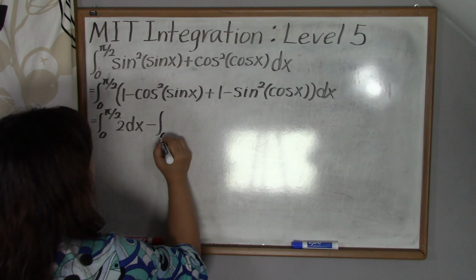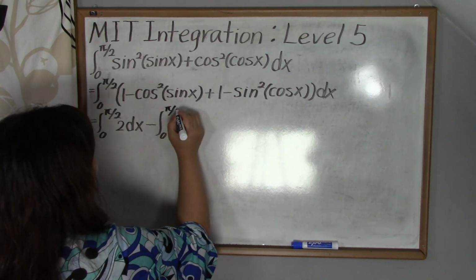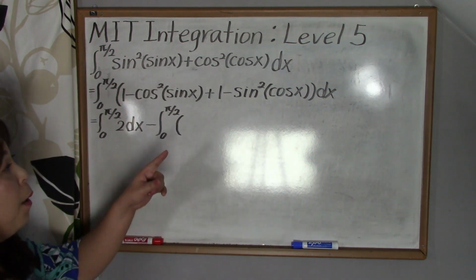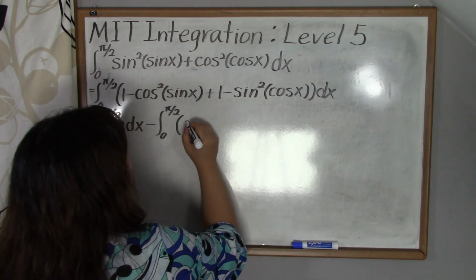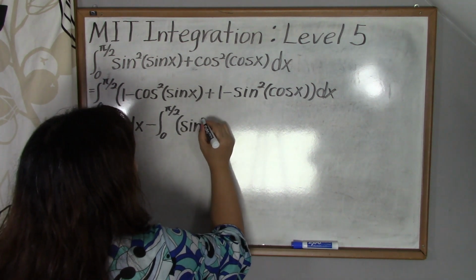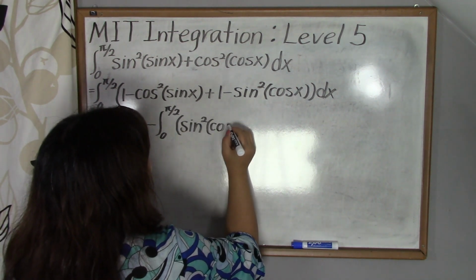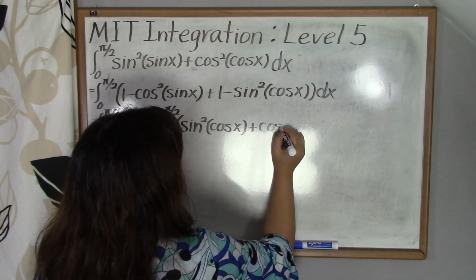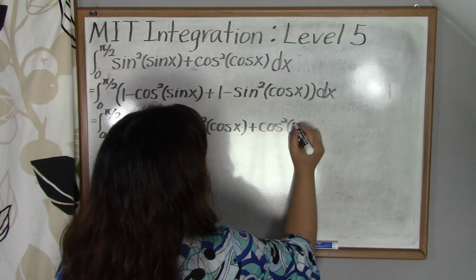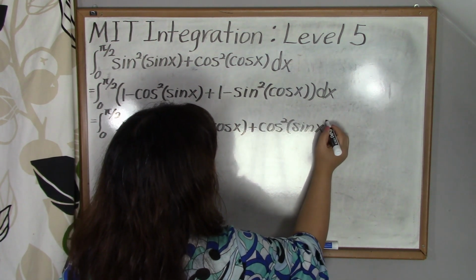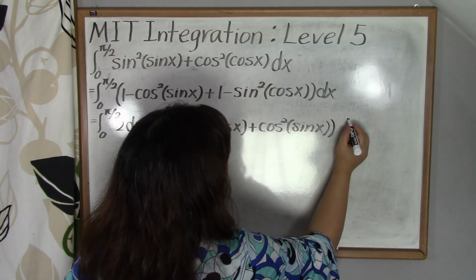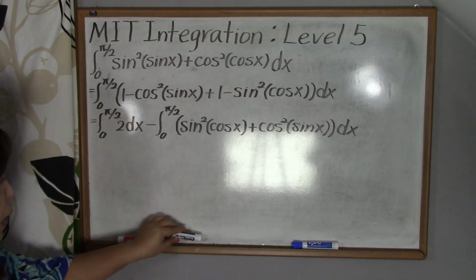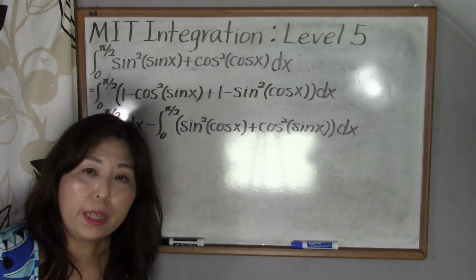Minus the integral from 0 to pi over 2 of parentheses, sine squared of cosine of x plus cosine squared of sine of x, dx.